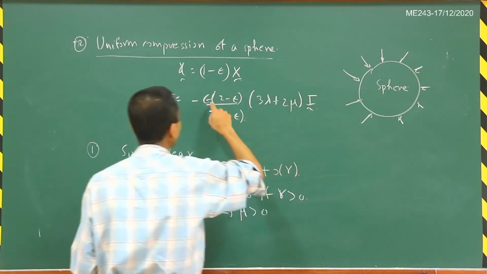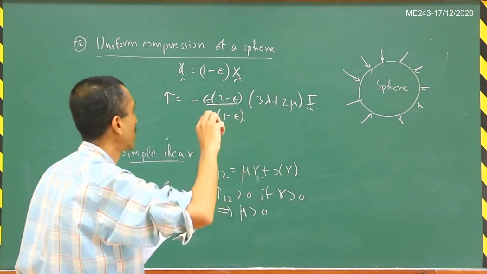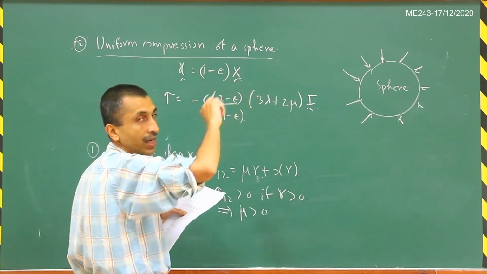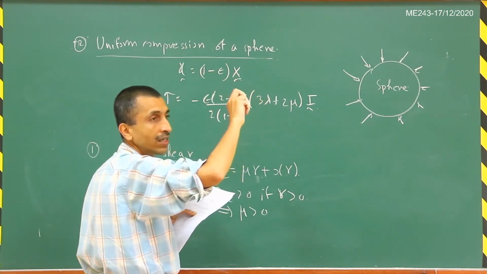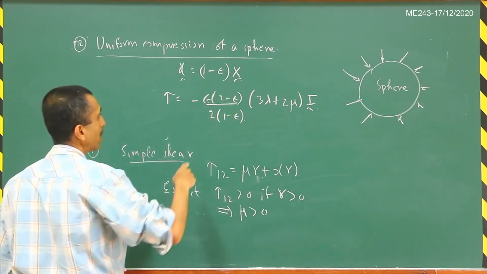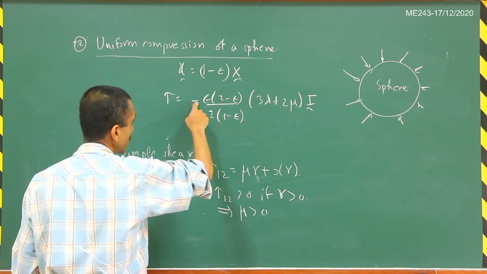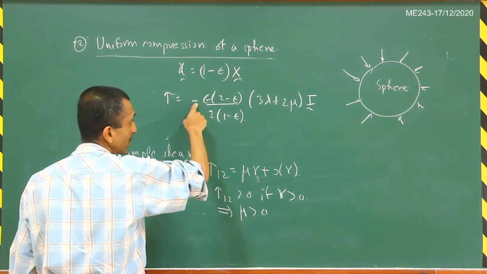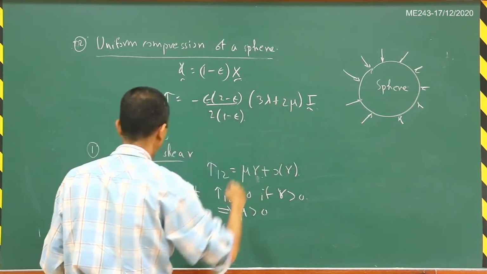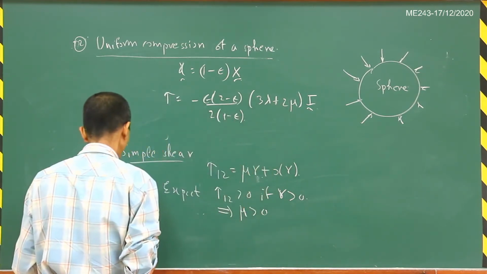So you can see that epsilon is the amount of compression that the sphere is undergoing, right? That is the reduction in the radius of the sphere, and so the stress is going to be a compressive stress, so that will have a negative sign. That means all these quantities are going to be positive quantities here, right?